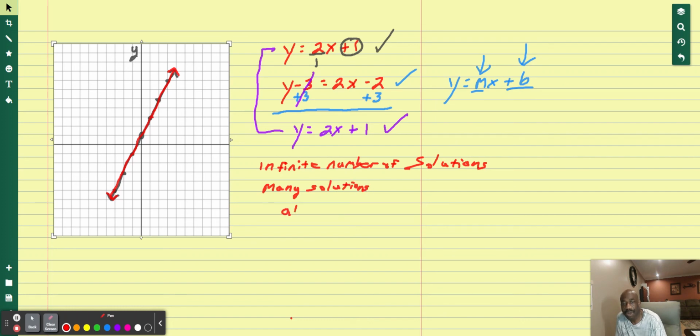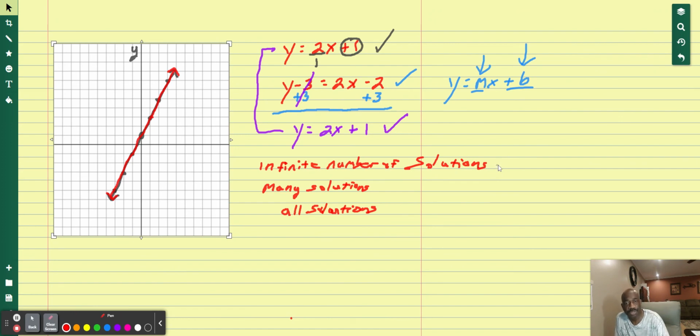You might even see all solutions. In other words, whatever works in the first equation will work in the second equation because both equations are identical. All right. So any one of those answers are correct.